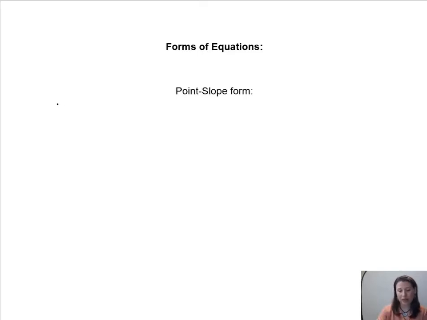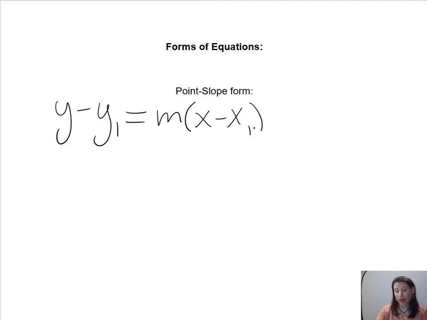So point-slope formula is y minus y1 equals m times the quantity x minus x1. Okay, so let's decipher that down again. So y and x again are the point, right? But, however, just y, not y1, and just x, not x1, are your variables for the equation.